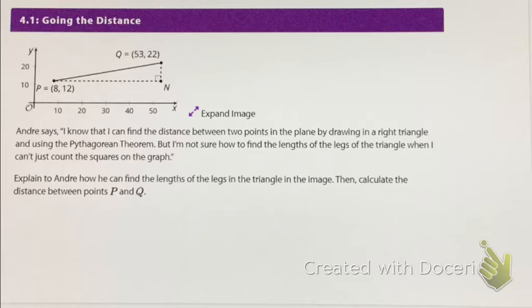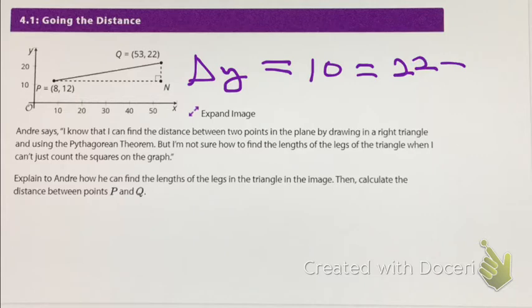So when Andre says, I know I can find the distance by drawing a right triangle and using the Pythagorean theorem, that's exactly what he's talking about. Two ways we did this in class. Number one, count. Change in y, that's really from 12 to 22. It's 10, but to get there, you take that 22 and you subtract the 12.